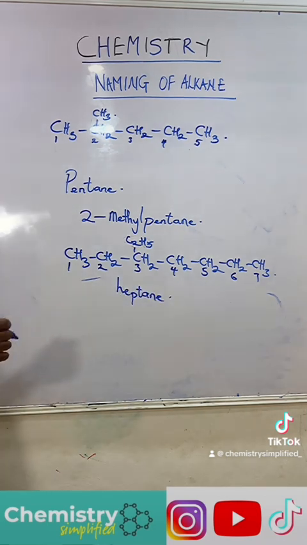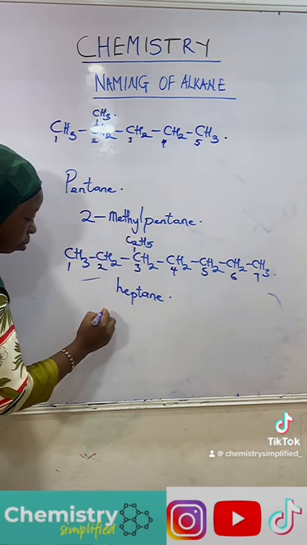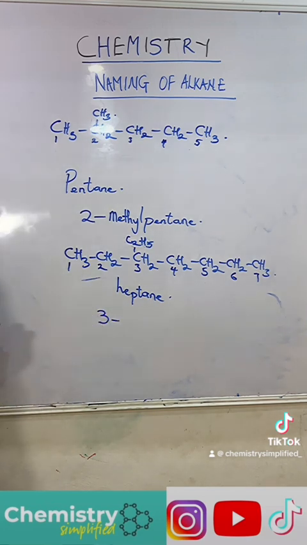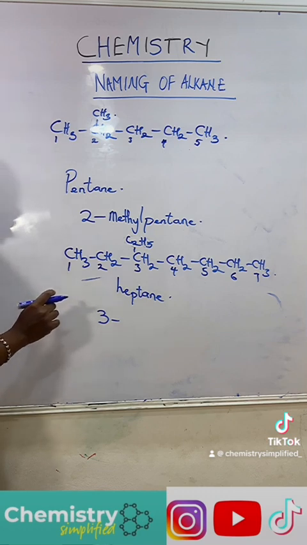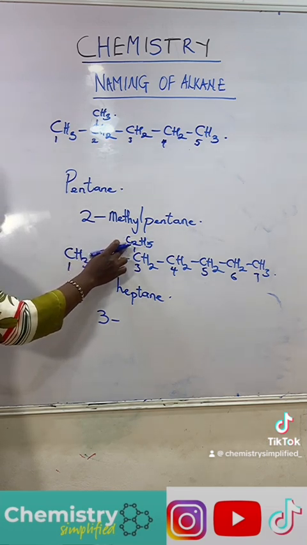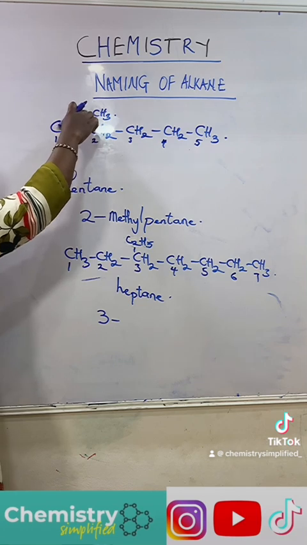Then the next thing is look at the carbon atom at which the substituent is attached. Now, when you look at it, the substituent is attached to carbon 3. So we are going to write 3. Then the next thing is, what is the name of the substituent itself? Here, you can see that it is C2H5, unlike the first one that we did, that is CH3.